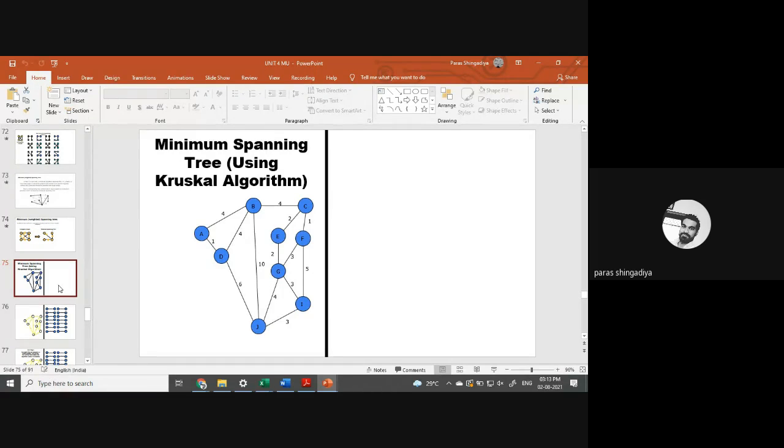Clear? Because sometimes this graph involves 8 to 9 vertices and 15 to 16 edges, but sometimes we have a large graph which includes more vertices and more edges with their weights. At that time we have to predict one of the minimum weighted spanning trees. So in that case we can use the C program and find the direct answer.